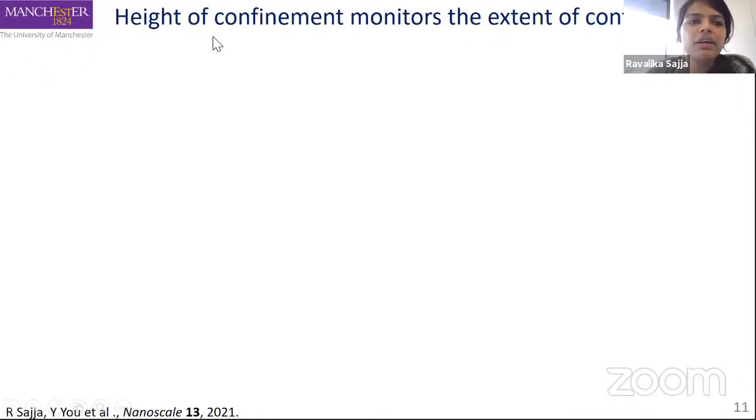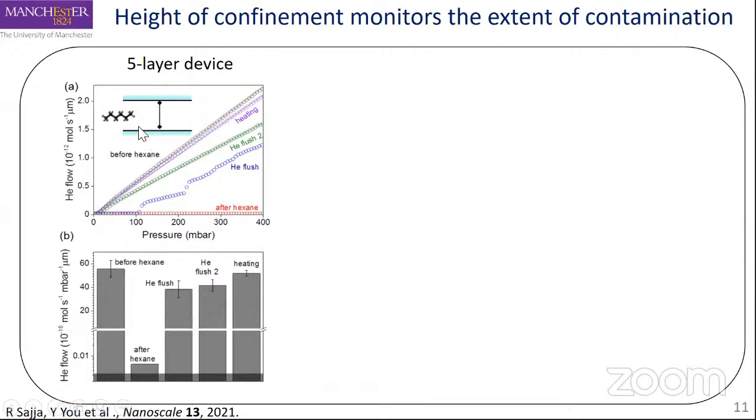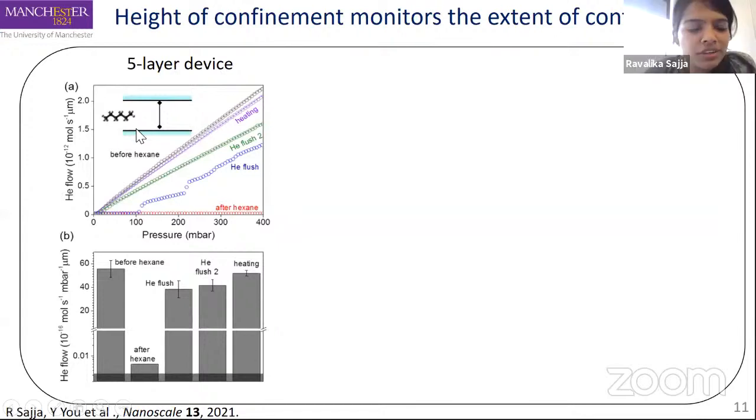So basically, what we studied was the difference in the behavior of the adsorbed hexane molecule based on the height of confinement. Here we studied a 5-layer device where the height of the confinement was much larger than the kinetic diameter of a hexane molecule. Here we observed that the initial flow rate was very high, but on introduction of hexane, the channels clogged.